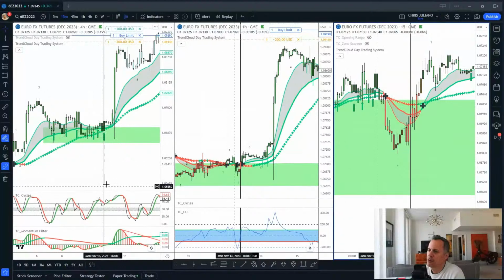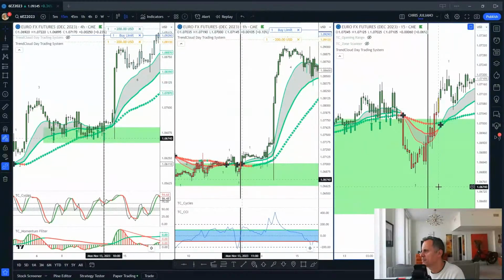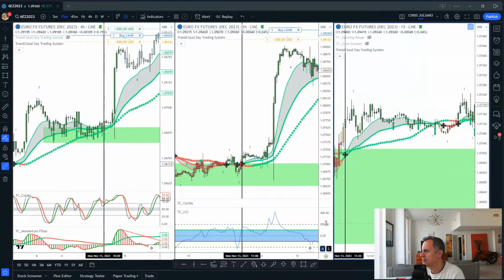Okay, so here we are, top of the cycle. We're just starting to cross above. We got a high time frame signal. So where is that lining up at this point in time?